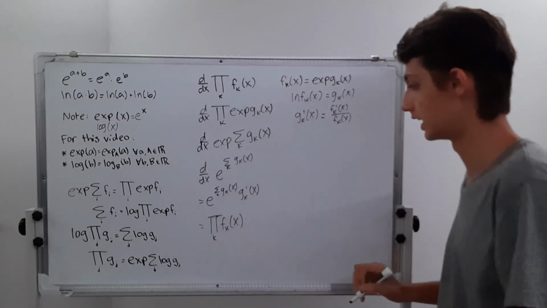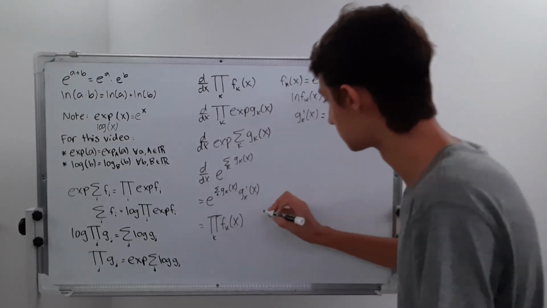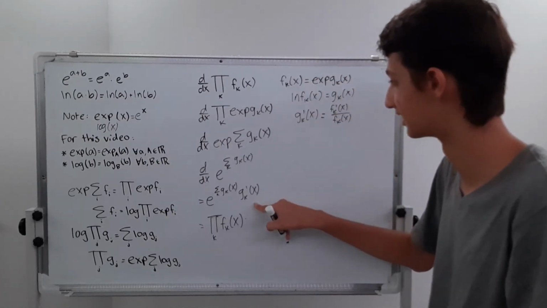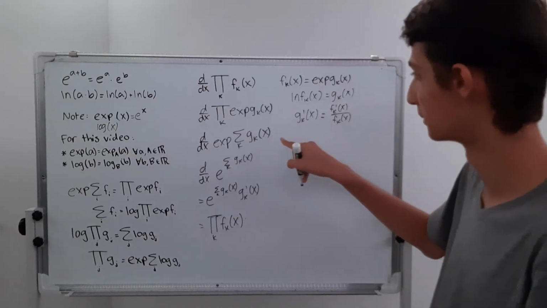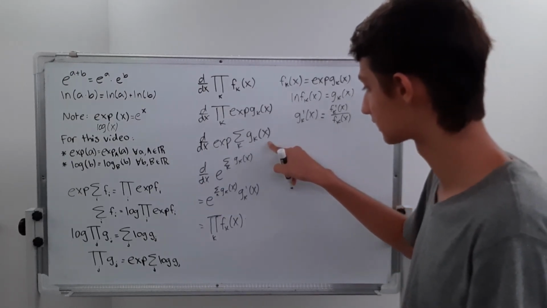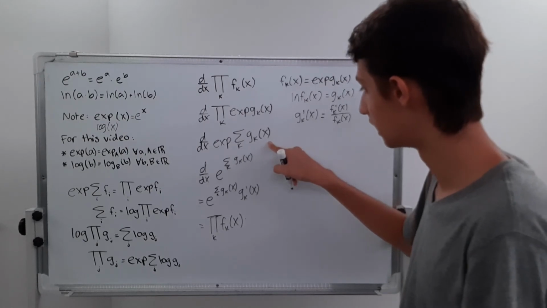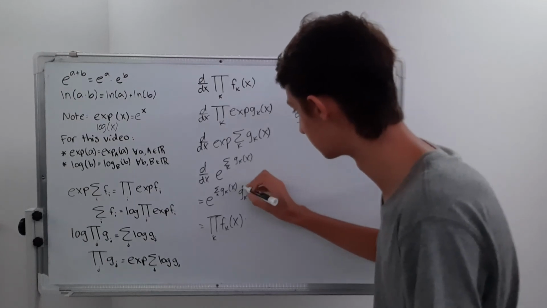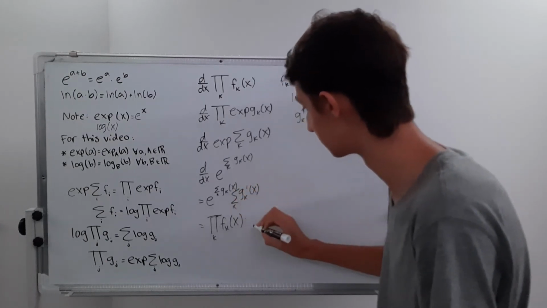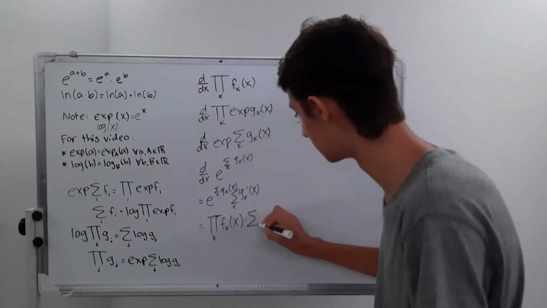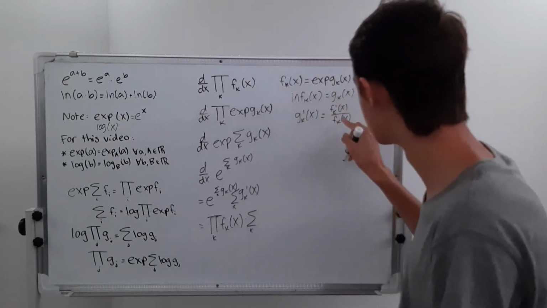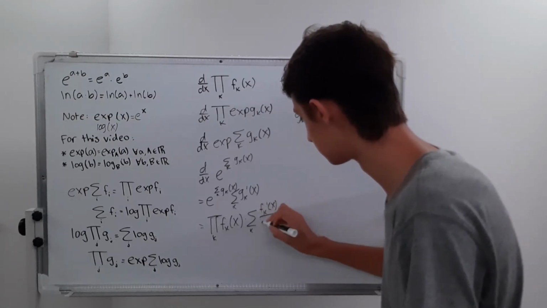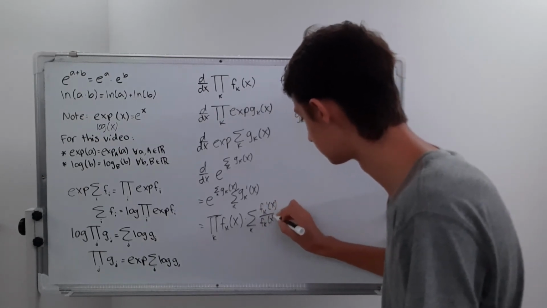So this is just going to be times, hold on, something's wrong here, because we can't just have this like that. Oh yeah, I forgot to include the sum here, because we're including the sum over k. There we go. So then this is the sum over k of f sub k prime of x over f sub k of x.